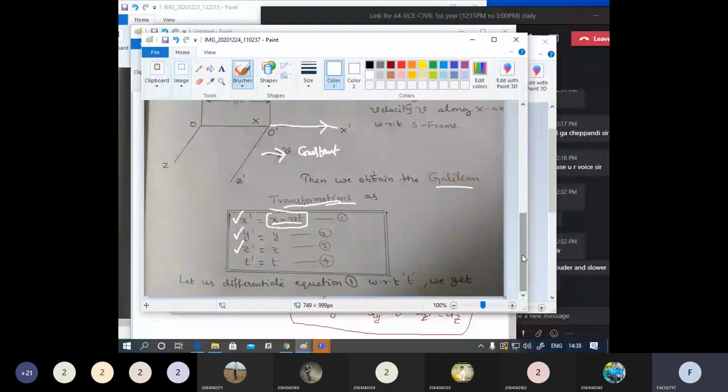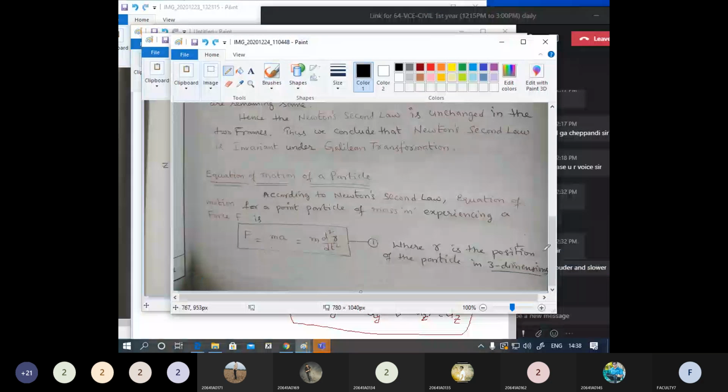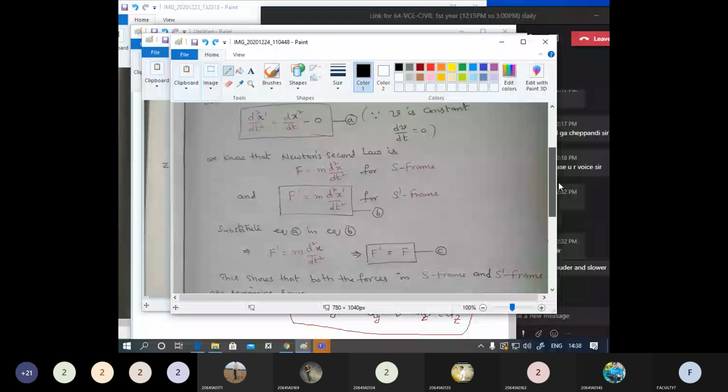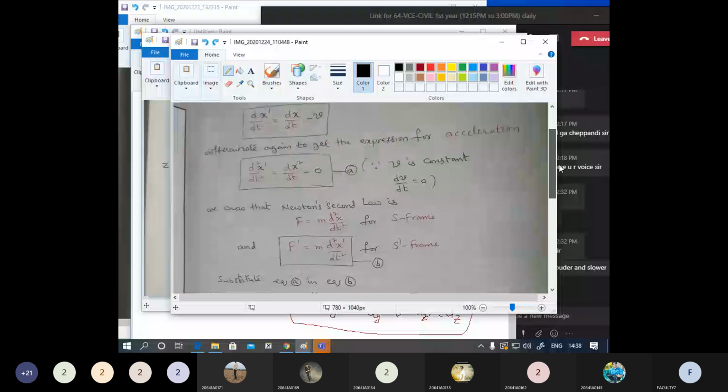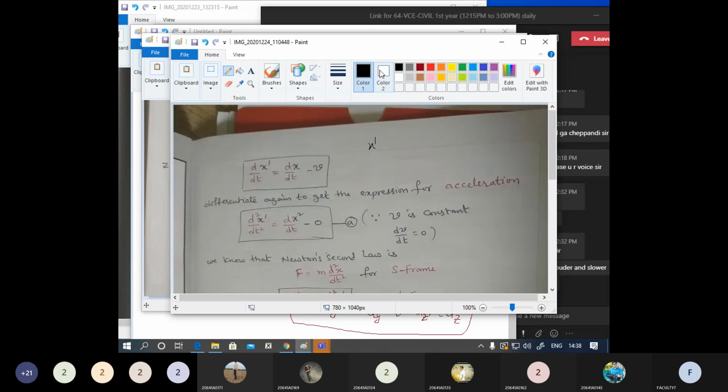Now we are going to get the conclusion. We need to show that the force in the first frame is equal to the force in the second frame. In the previous equation we got x prime equals x minus vt. Now we are going to get the force from this equation.